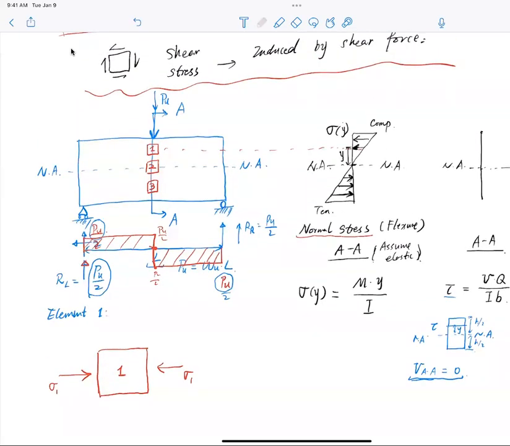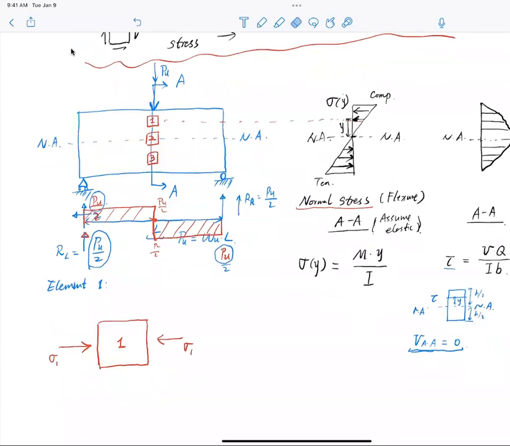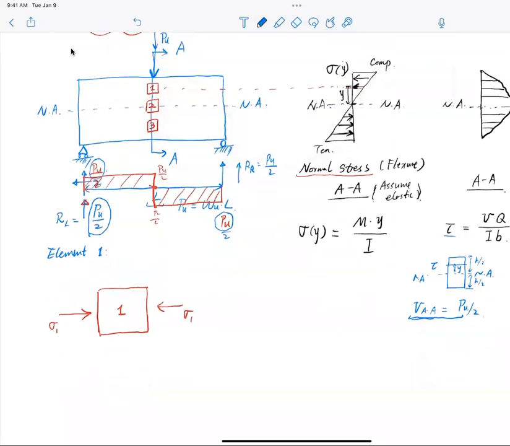My shear distribution will look like this as I just drew out, because I now have shear stress. And the shear force in the middle section right here is no longer zero, ladies and gentlemen. That is Pu over 2. That is the shear force at middle section A.